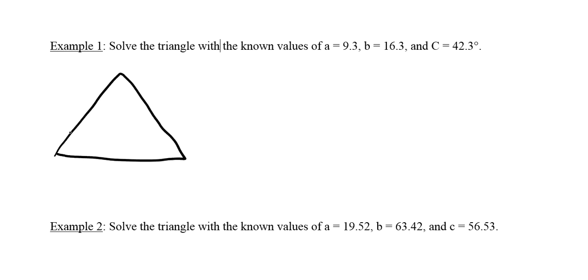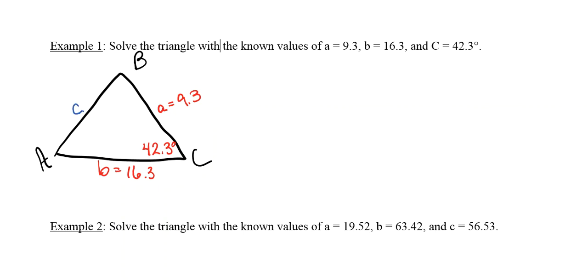I tend to do these very generic so they don't necessarily show the information that is given. This is side A and it is 9.3. This would be side B and it is 16.3. And I have angle C of 42.3 degrees. So you can see we can't use the law of sines because I don't have both C's, both A's, or both B's.